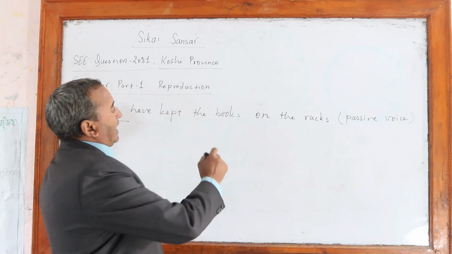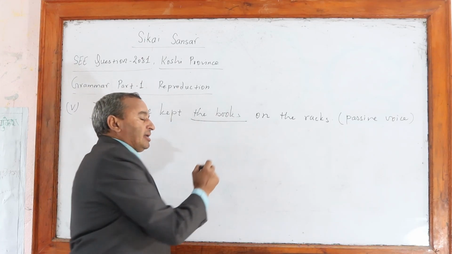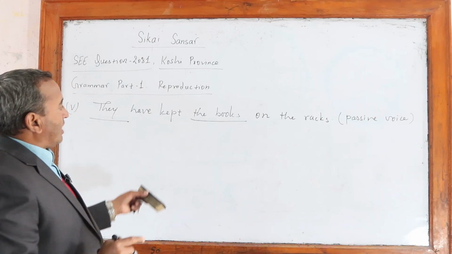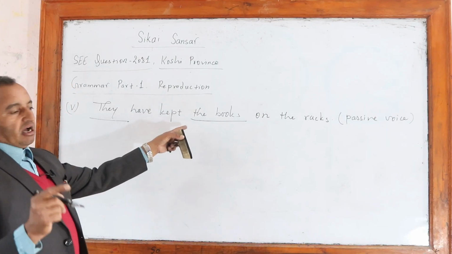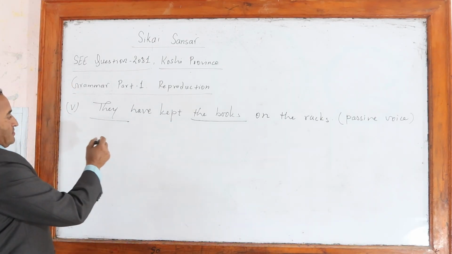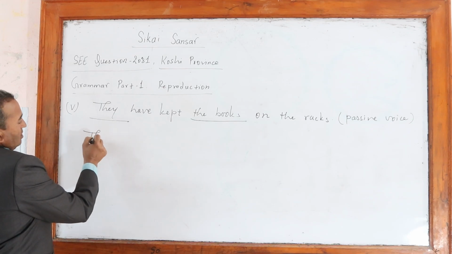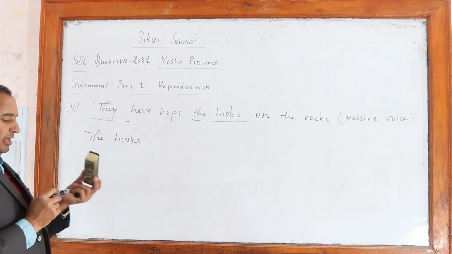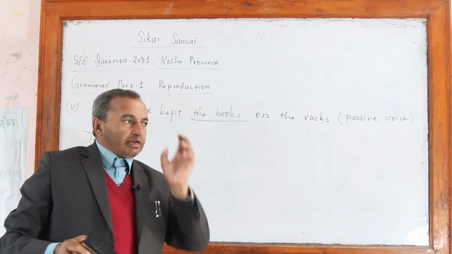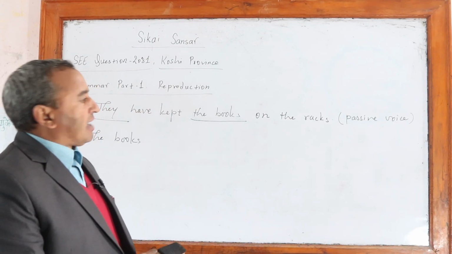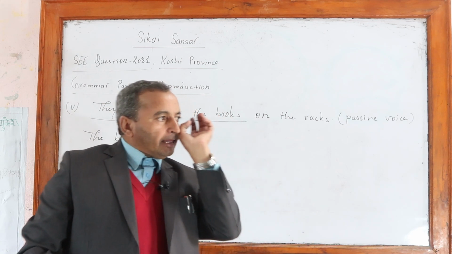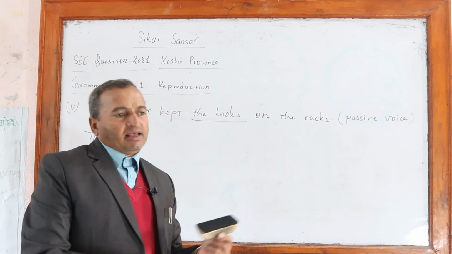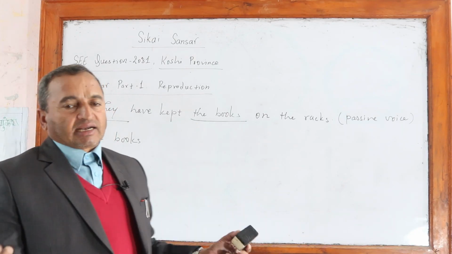Let's take the first object here, and let's make this very first object the subject. The books. It is the present perfect tense, and what happens? Have, has plus been plus B3. When there is present perfect tense, have been, has been plus B3. That type of thing is done.